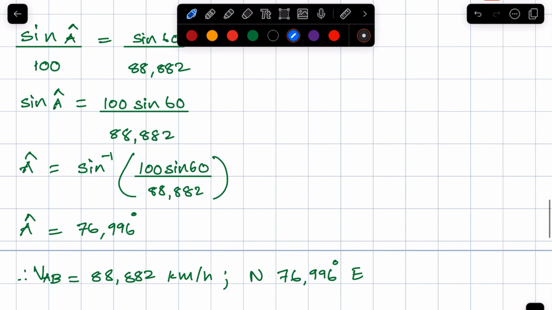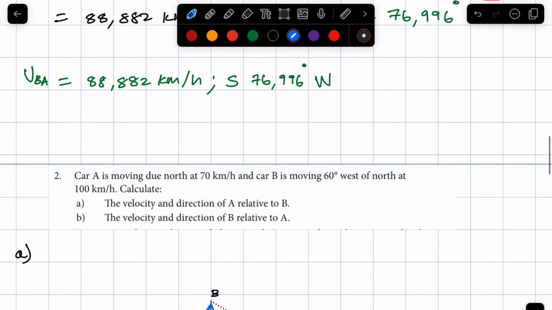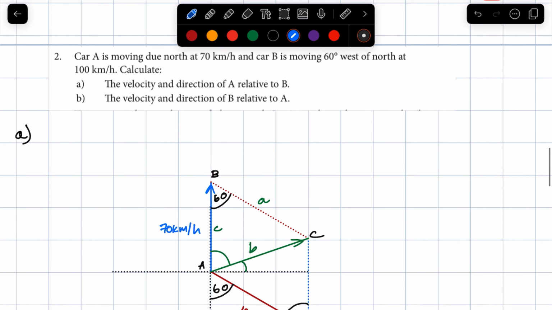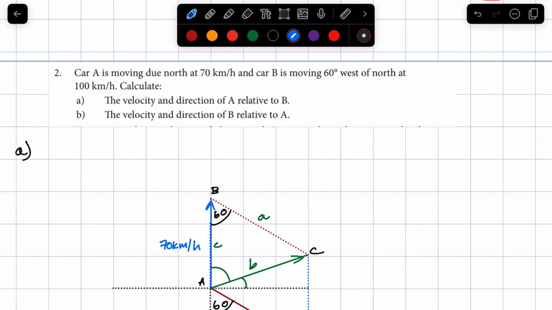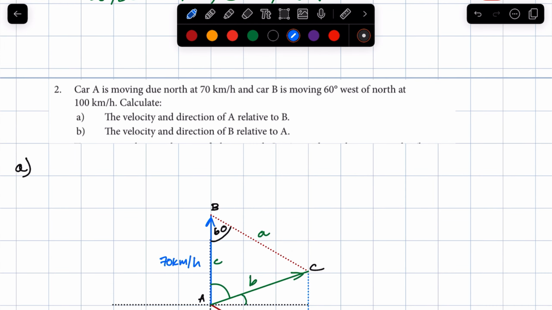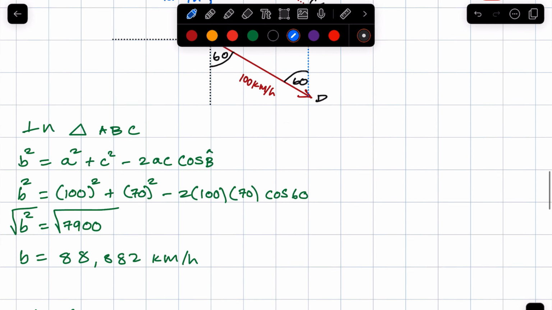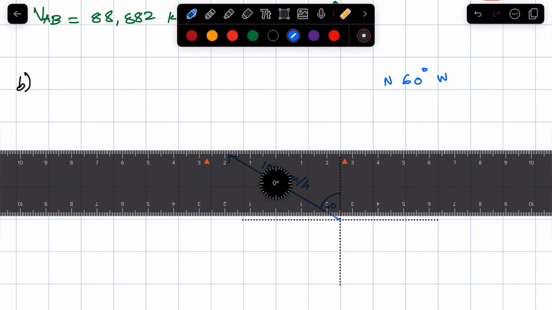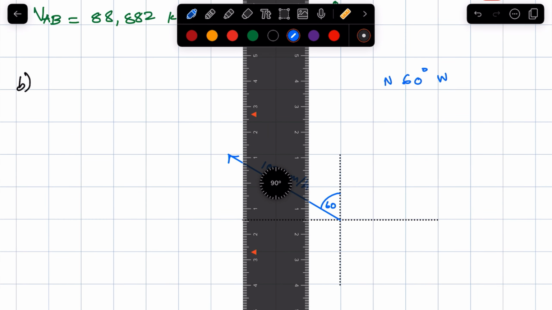And then, because A is our frame of reference, in the statement they say A is true north, but in this case we're going to draw it as if it's going south. Remember, for the parallelogram method, your frame of reference must always be represented in a direction opposite to the one given in the statement.